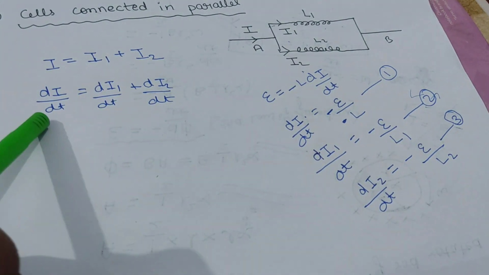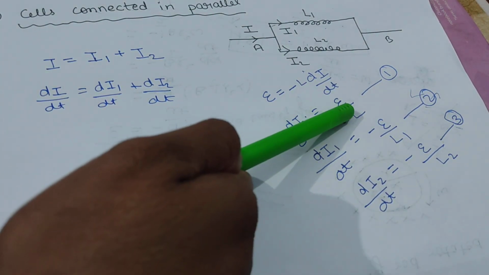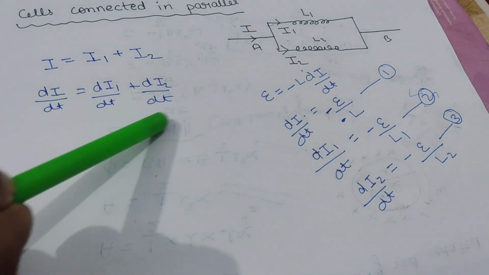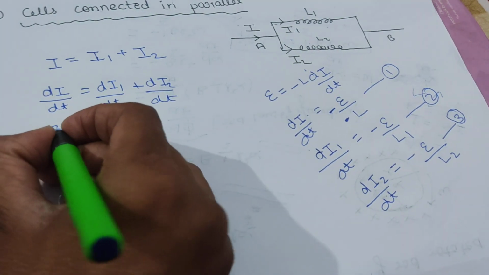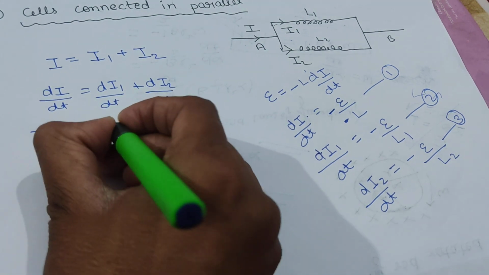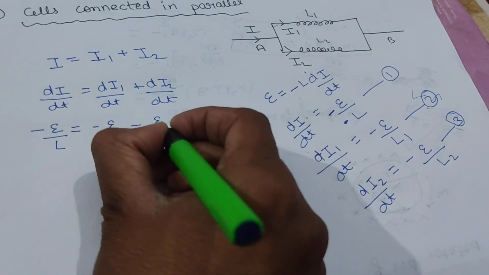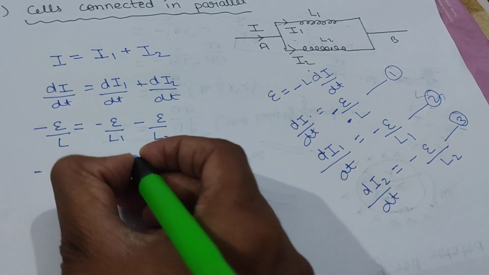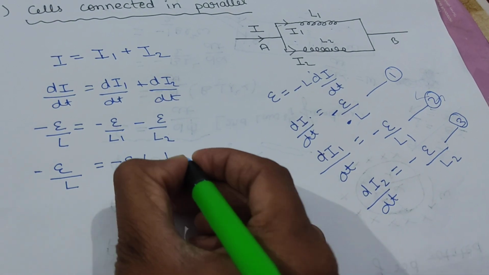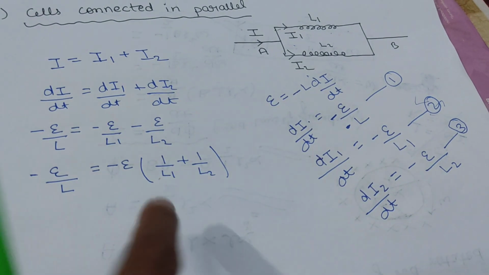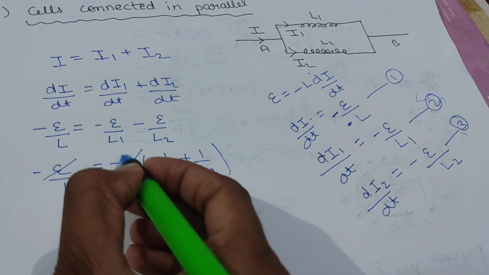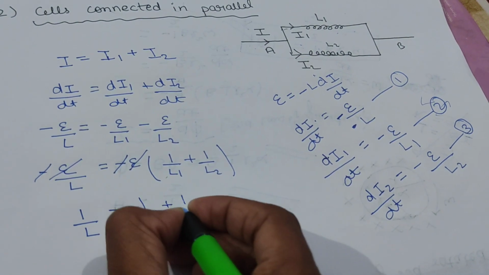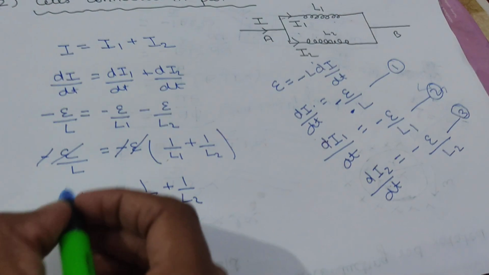Now put in the values of di/dt, di1/dt and di2/dt from equations 1, 2 and 3 in the respective places. We get minus E by L equals minus E by L1 minus E by L2. Now take minus E common, cancel the E and the minus sign, and we are left with 1/L equals 1/L1 plus 1/L2.